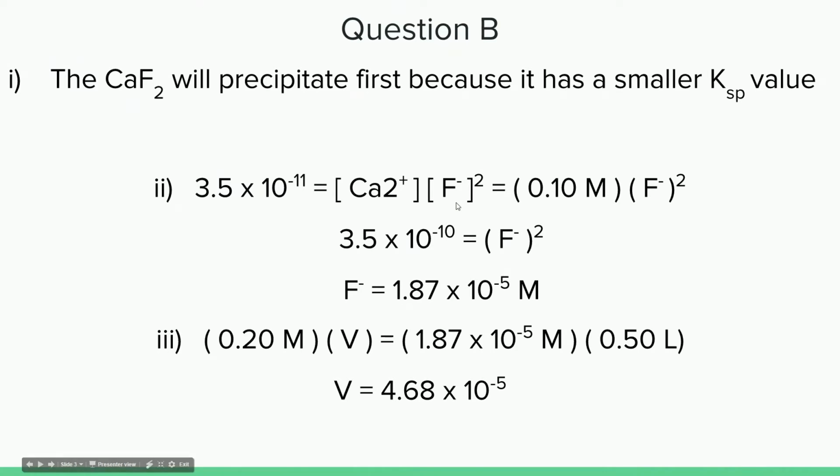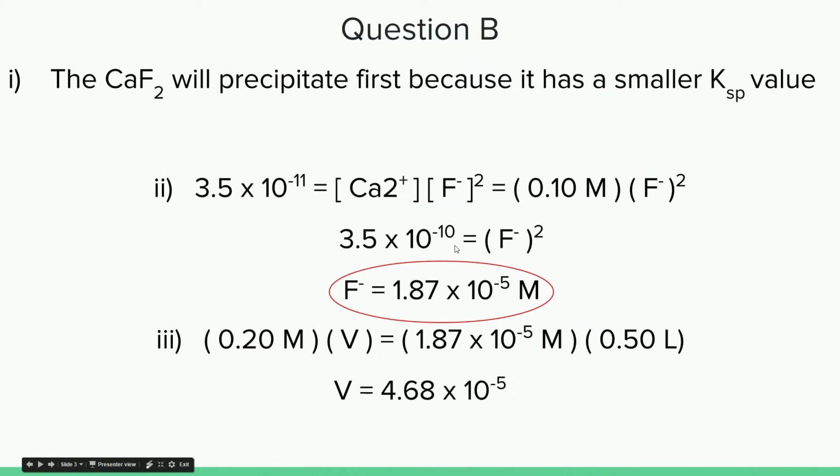And the description actually gives us the concentration of the Ca2+, which was 0.1 molarity. So what I did here is I divided 3.5 times 10 to the negative 11th by 0.1 molarity to get 3.5 times 10 to the negative 10th. And that number is equal to F- squared. So I simply just square rooted that number to get 1.87 times 10 to the negative 5th molarity.